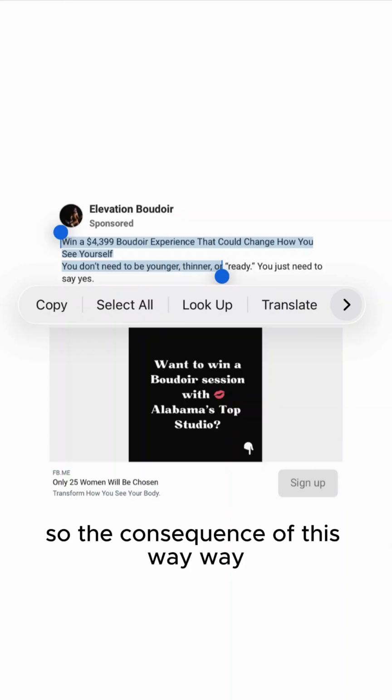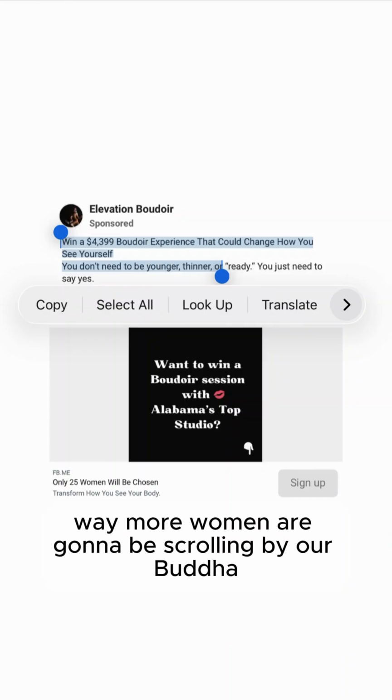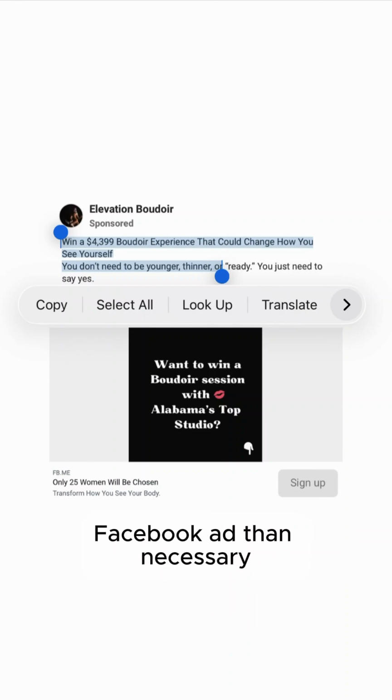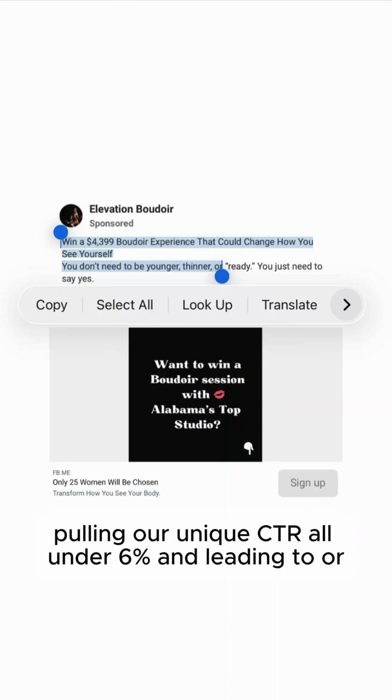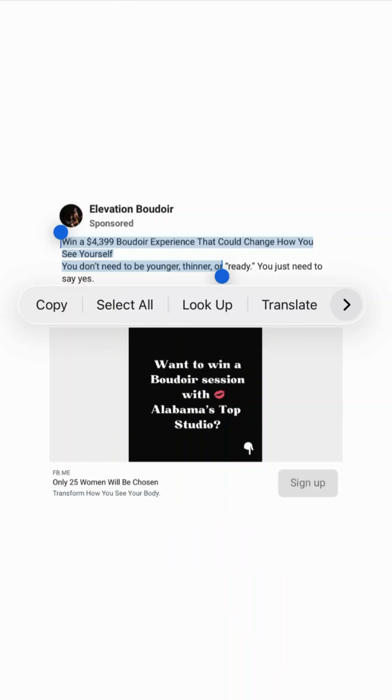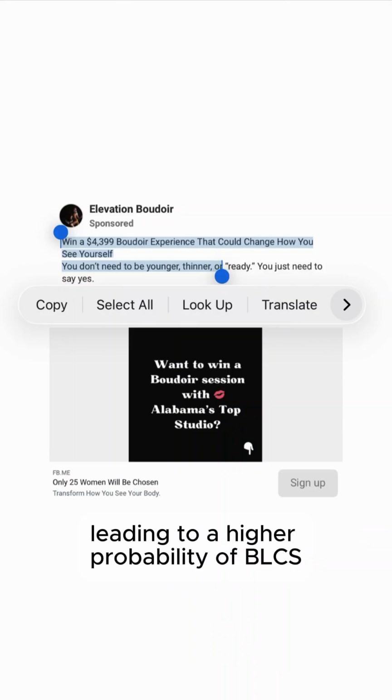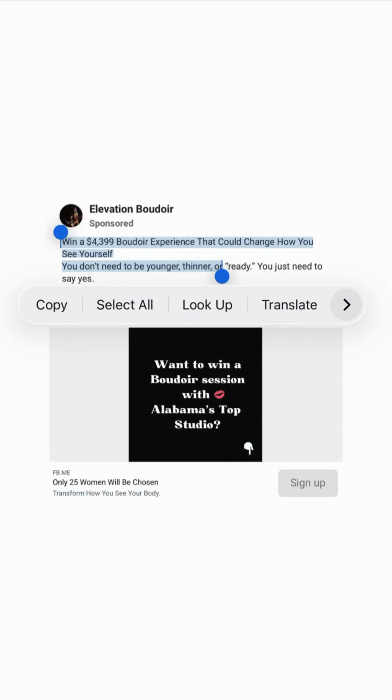So the consequence of this is way more women are going to be scrolling by our Boudoir Facebook ad than necessary, pulling our unique CTRL under 6% and leading to a higher probability of BLCS, Boudoir low click syndrome.